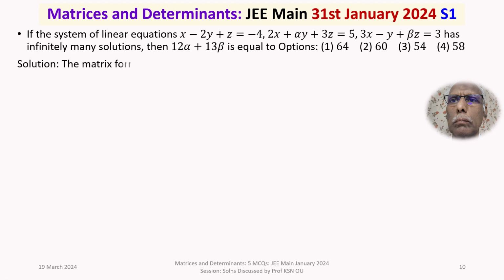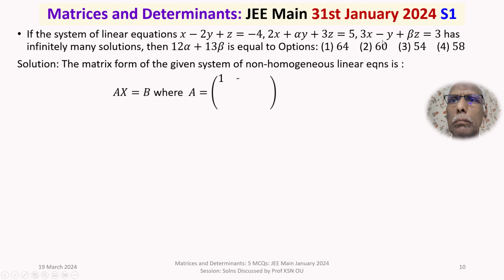So we take these 3 equations in 3 unknowns x, y, z involving alpha, beta, and we write down the matrix form of the given system of non-homogeneous linear equations. The matrix form is AX = B, where A is the coefficient matrix: 1, 2, 1; 2, alpha, 3; 3, -1, beta.